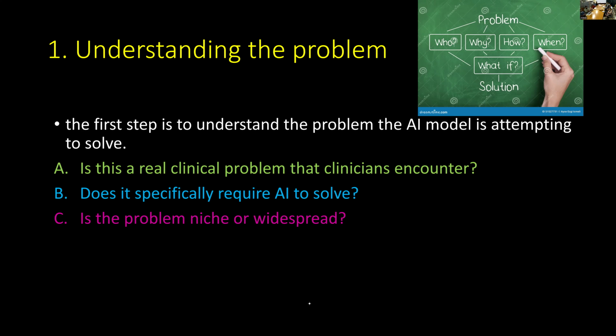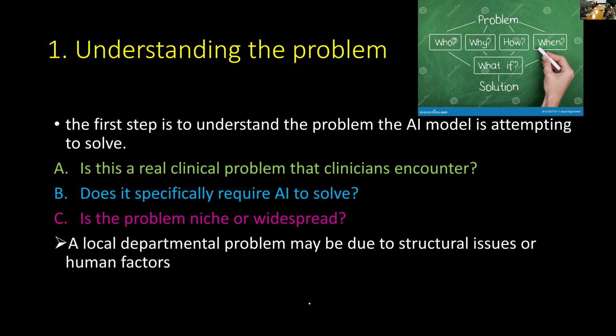Do you really require AI to solve that problem? Or are you just trying to invent a place to put AI inside? Is the problem only in CMC or is it a widespread problem? People not taking drugs is everywhere in the world. It's not a niche problem. So, for example, one unit is not prescribing drug A. AI is not going to change that; automated drug delivery or reminders are not going to improve that.